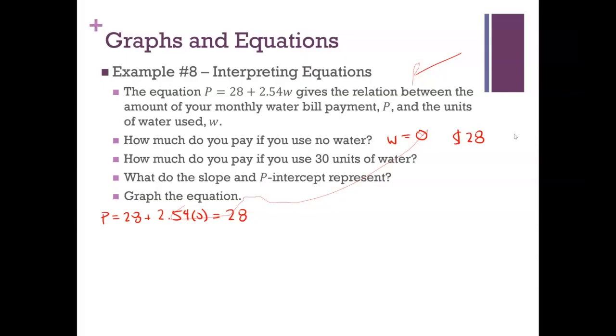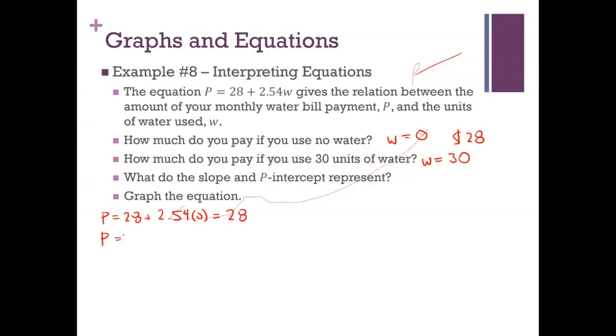What about the next bullet? How much do you pay if you use 30 units of water? Now what value am I giving you? Still W, but now W equals 30.